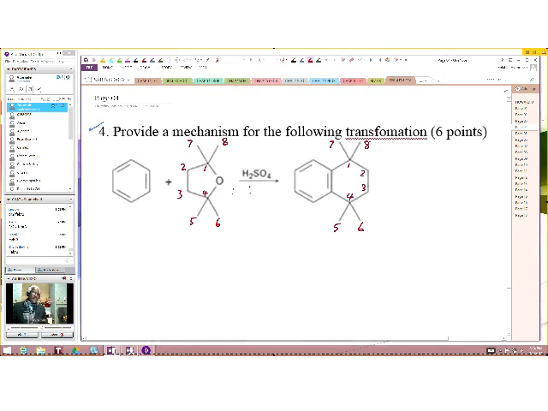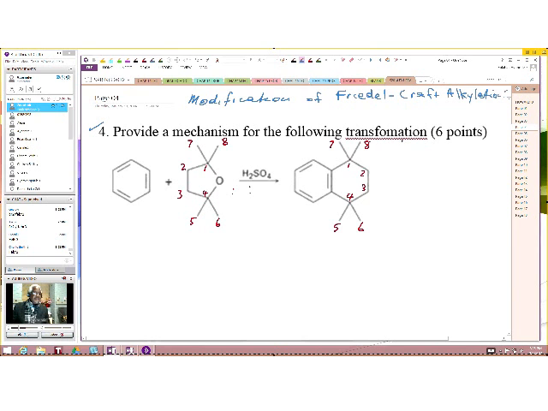Now, if you look at this here, what does this tell you? Keep in mind, I will give you a clue. This is a modification of the Friedel-Crafts alkylation. Now, let me ask you this.